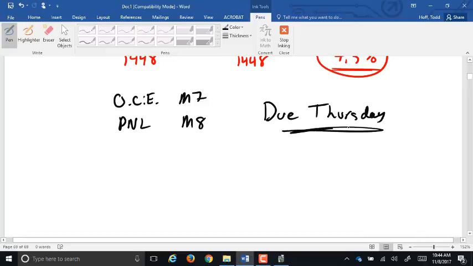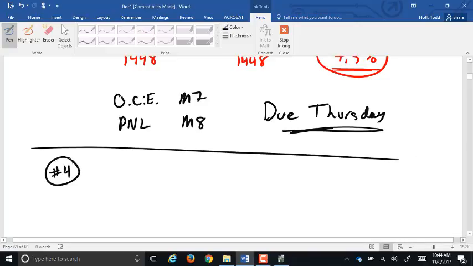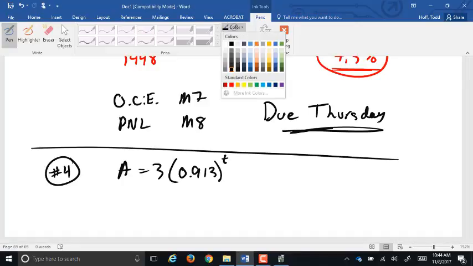Number 4, let me take a peek. So the value of the funds was 10% less and the rate of decline was 10% greater. Okay, so what number 4 is asking us to do is to do both. Our original was 3 times 0.913 to the power of t.